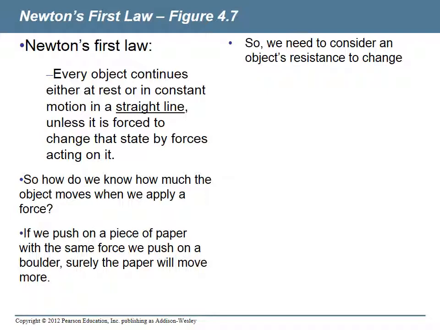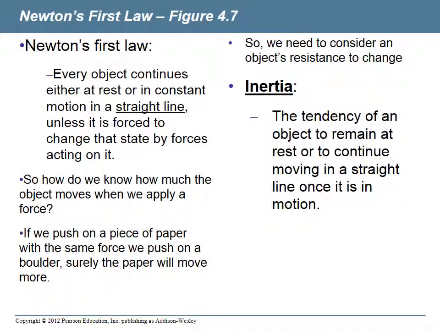So we have to consider an object's resistance to change, is what we call it. The mass is sort of the object's resistance to change, or more accurately, inertia. By definition, inertia is the tendency of an object to remain at rest, like the puck, until we push on it, or continue moving in a straight line once it's in motion.